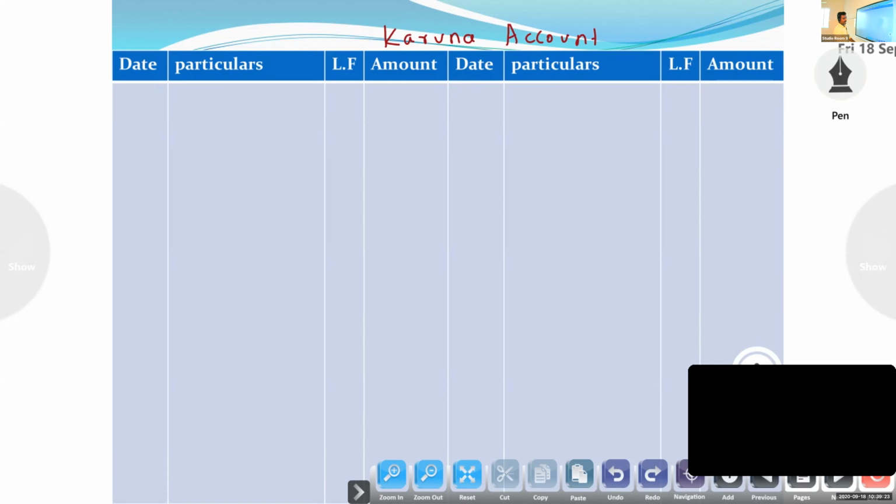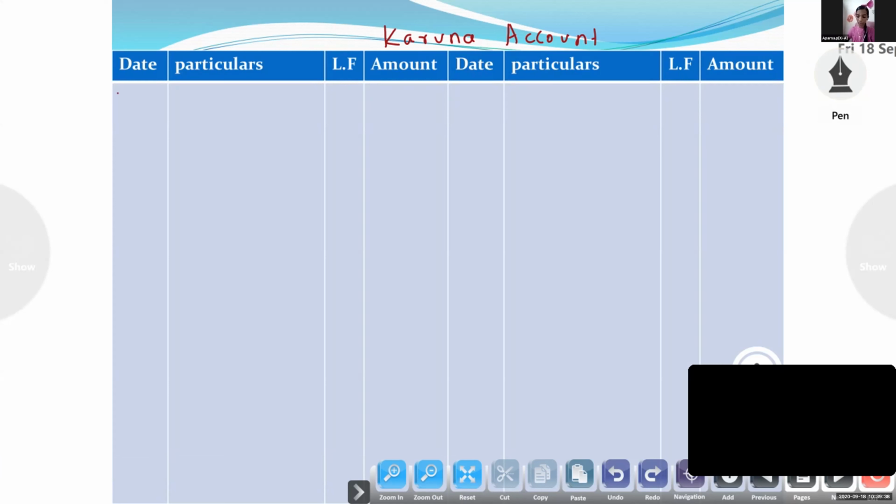What is the Karuna account transaction? You tell. Aparna, first transaction. Sir, Karuna account debited to sales account. Yes, date? 3/1/2015, to sales account, amount 15,000.